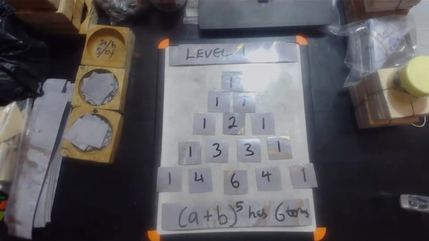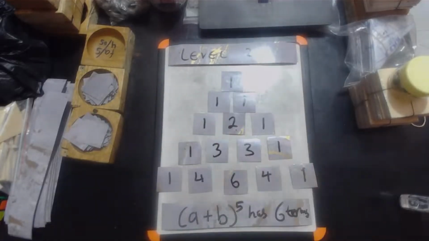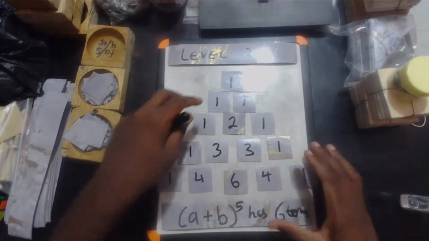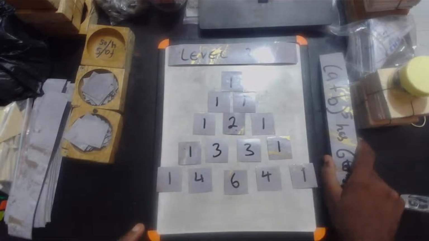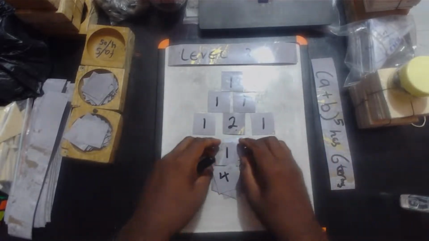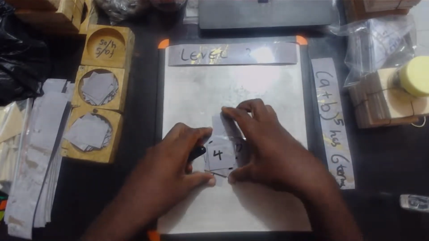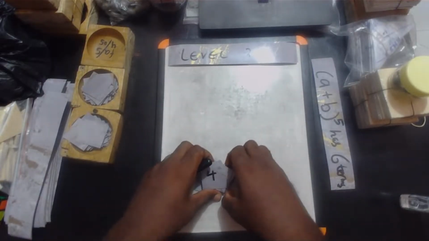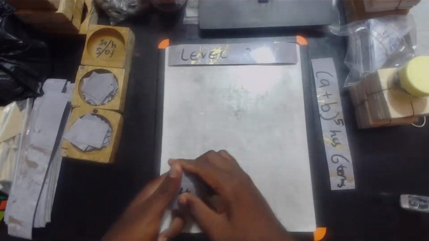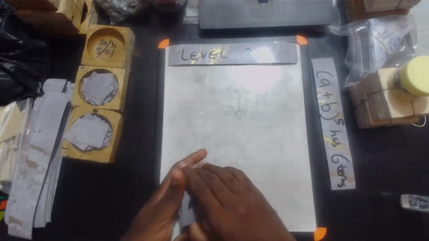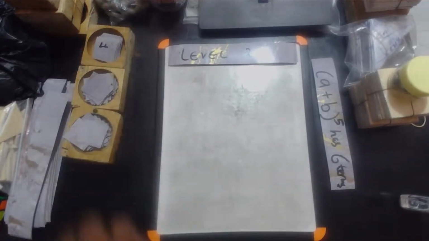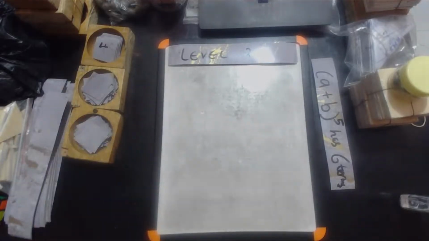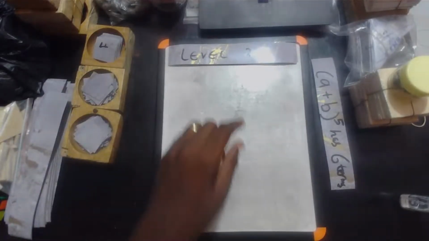So let's build up on level 2 now. So let's go on to DOK level 2.